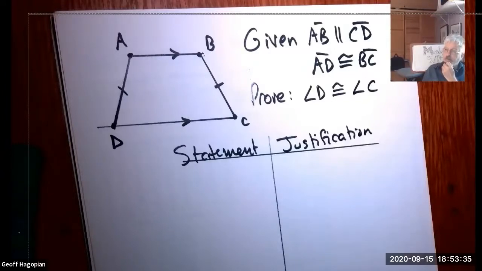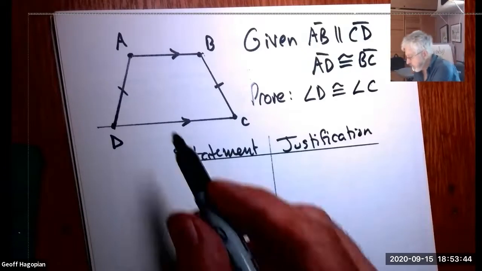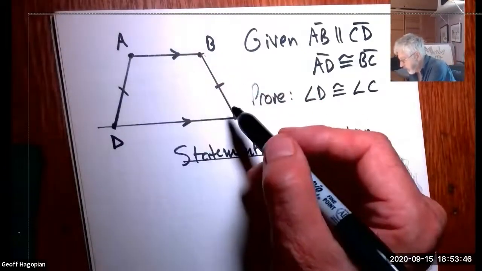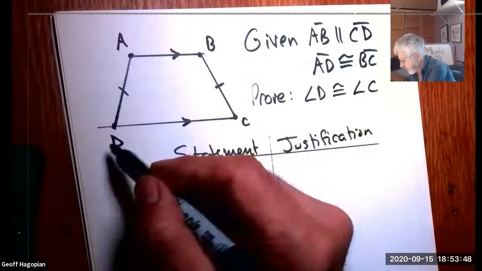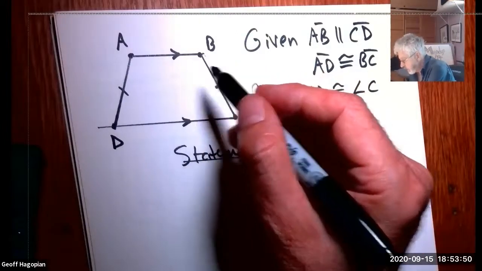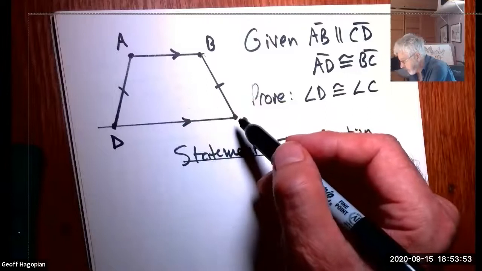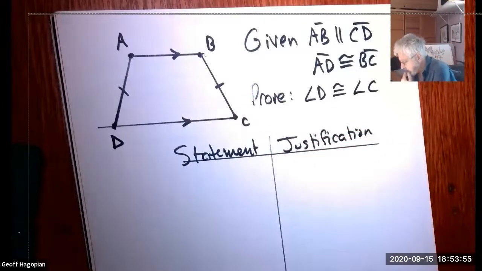I have to stop and think for a bit. I could draw diagonals. Would that do us any good? Well, what if we were to draw this diagonal and we'd have that angle congruent to this angle? We draw the other diagonal. So you'd have alternate interior angles congruent.